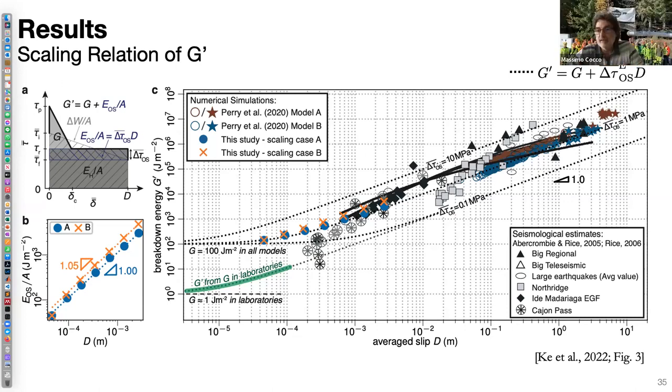With this explanation, you introduced my second question, which is the idea of the partitioning between scale-invariant fracture energy versus scale-dependent fracture energy.